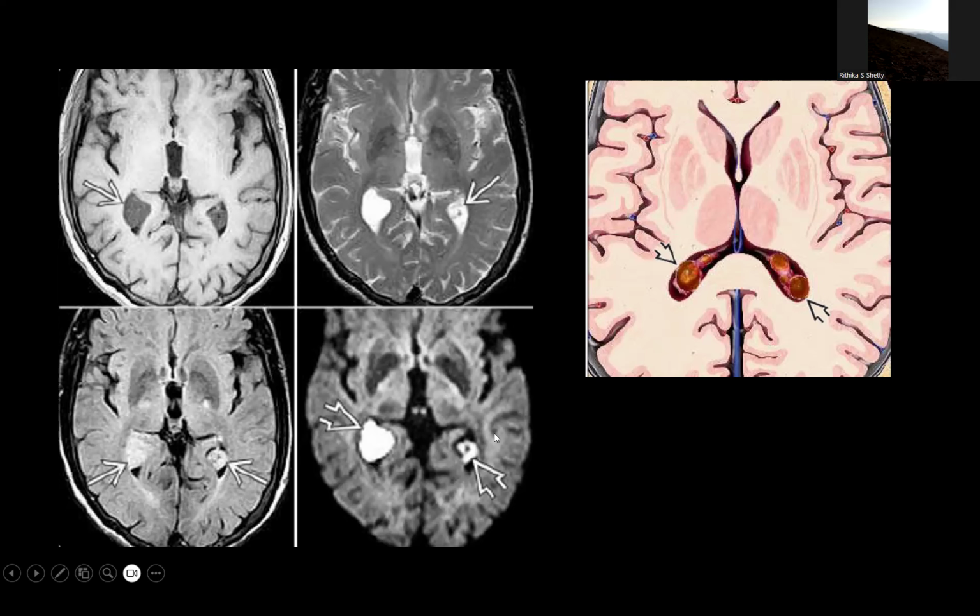Till now we studied only one cyst which shows diffusion restriction, that is the epidermoid cyst. So even this also shows diffusion restriction, but it is not true. That is, on ADC it is not hypointense. So this is not true diffusion restriction.